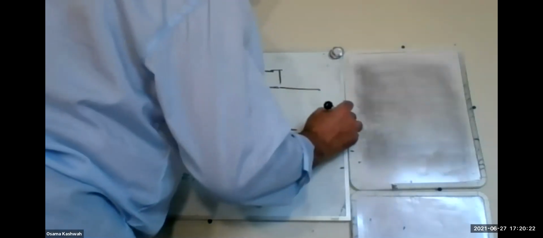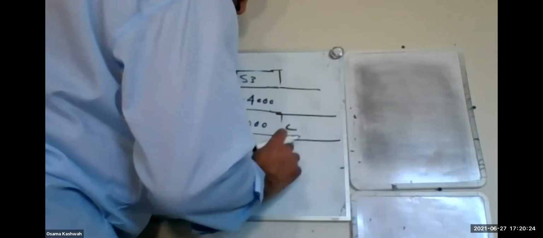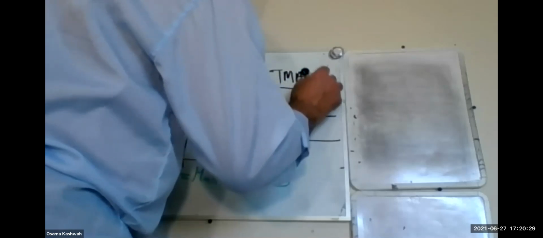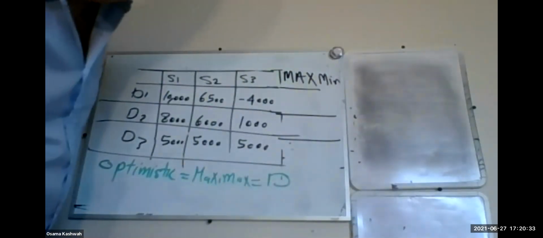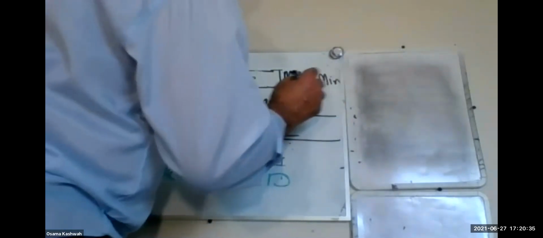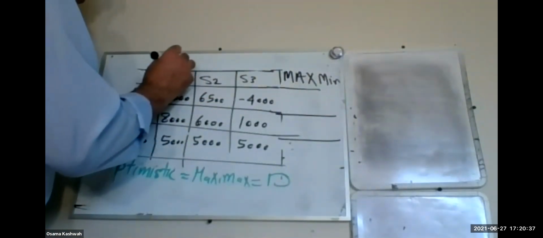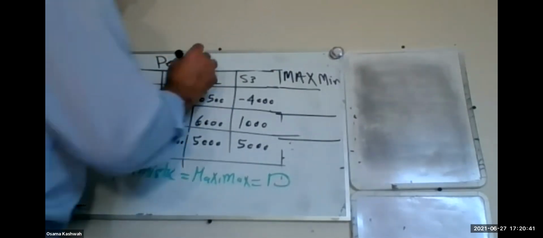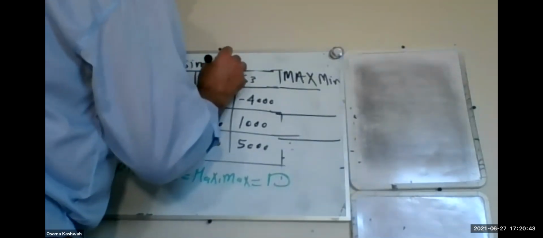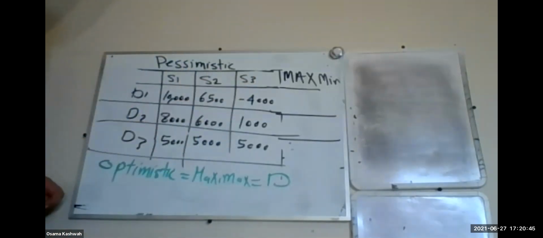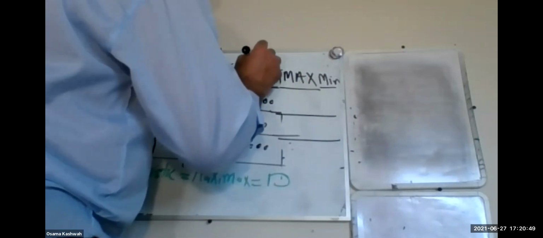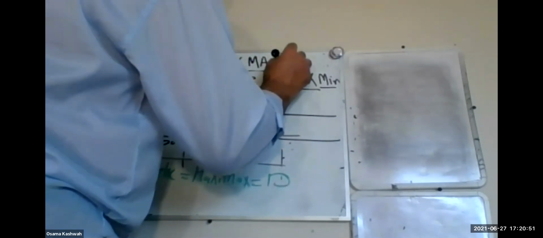So this is max of the min, maxmin, and we call it the pessimistic situation, where you expect that the worst will happen.